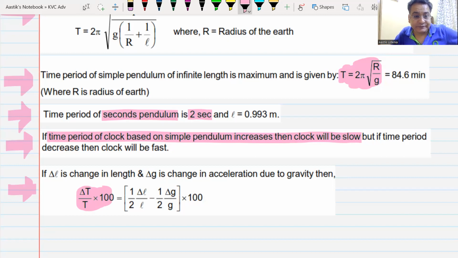Now, there could be a case where g remains constant. If g remains constant, you can eliminate that term of g, and then your formula will start to look like this.